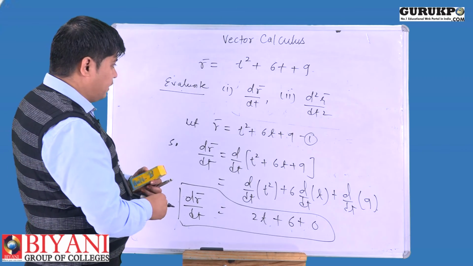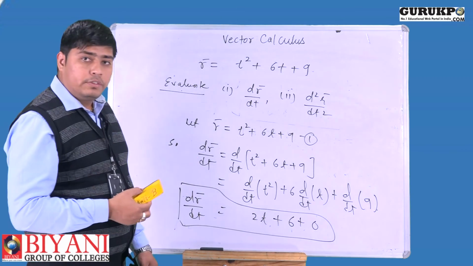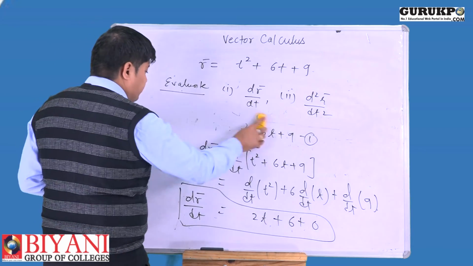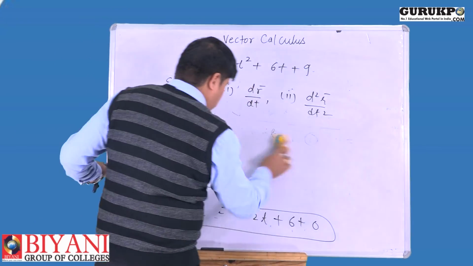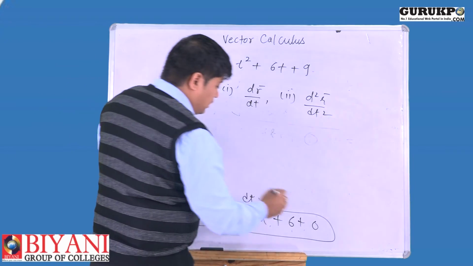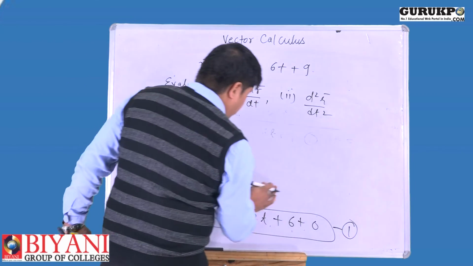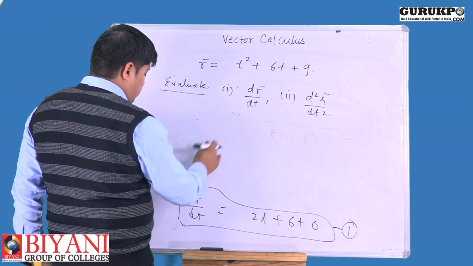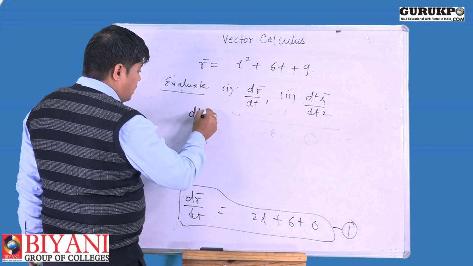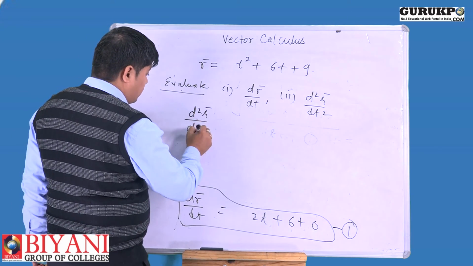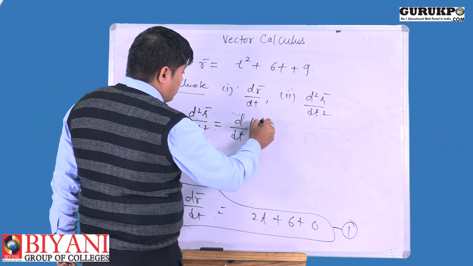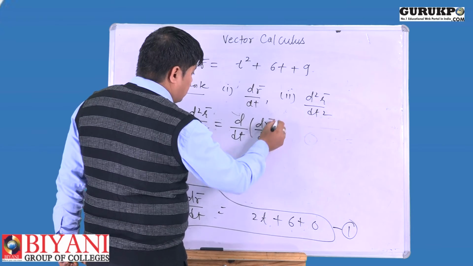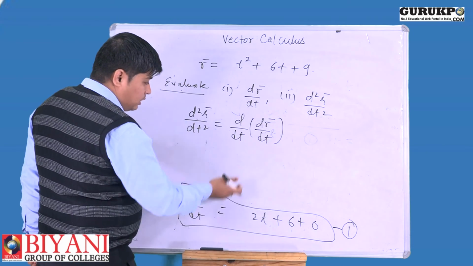Similarly, we can find the second derivative. Let us call this relation equation 1. Then d2r by dt square is written as d by dt of dr by dt, and dr by dt can be put from relation 1.